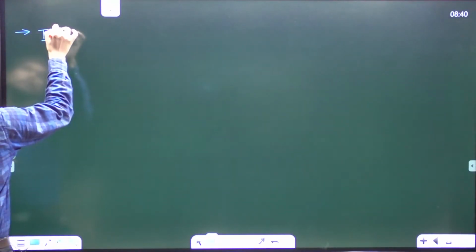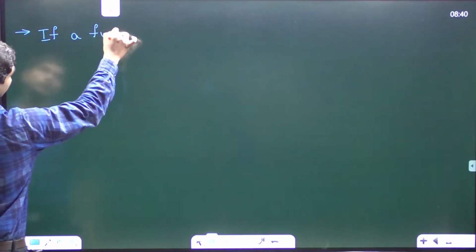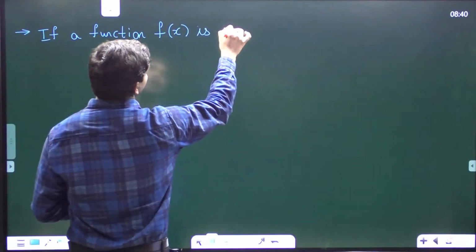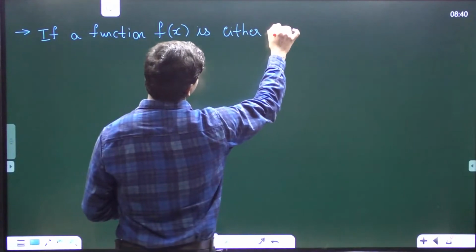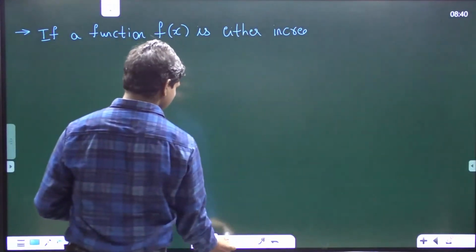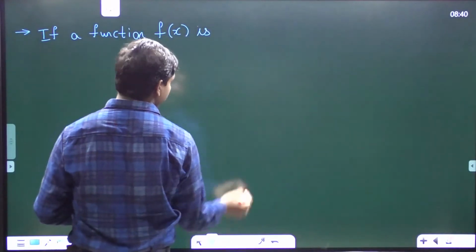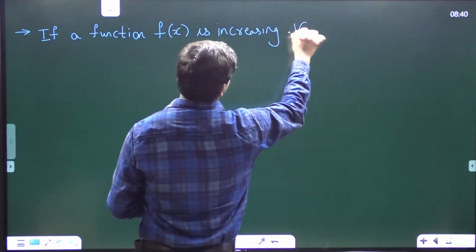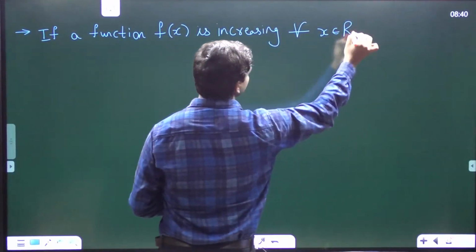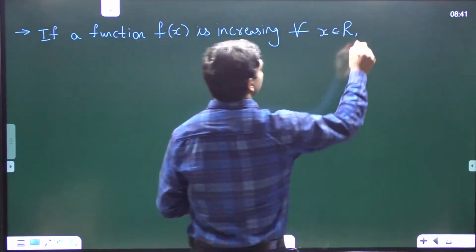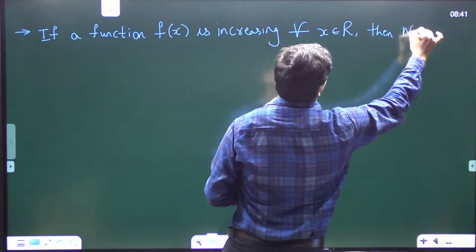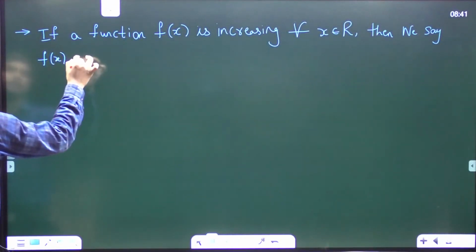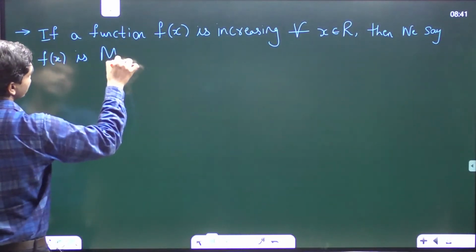If a function f of x is increasing for all x belongs to R, meaning on the complete real number plane, if the function is increasing, then we say f of x is monotonically increasing.